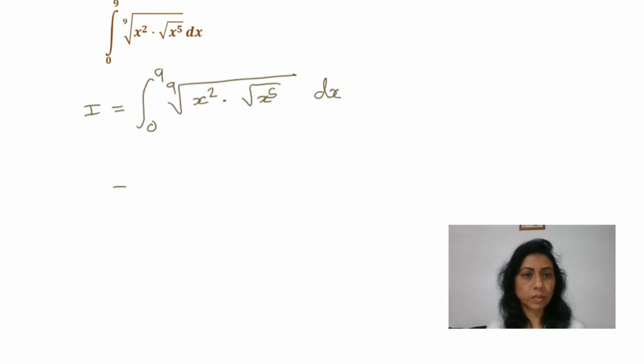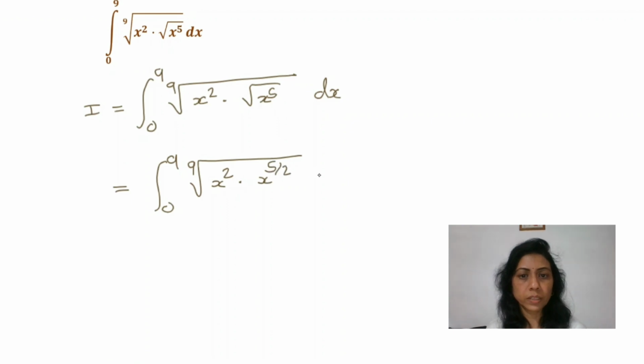This is the ninth root of x squared, and here square root of x to the power 5. Square root means 1 upon 2 power. So 1 upon 2 times 5 is 5 upon 2. We can write x to the power 5 upon 2 dx.